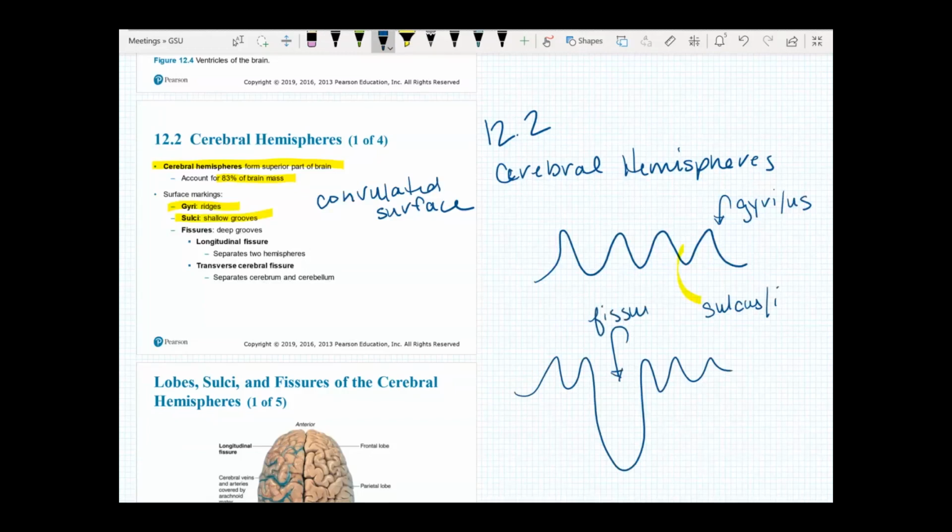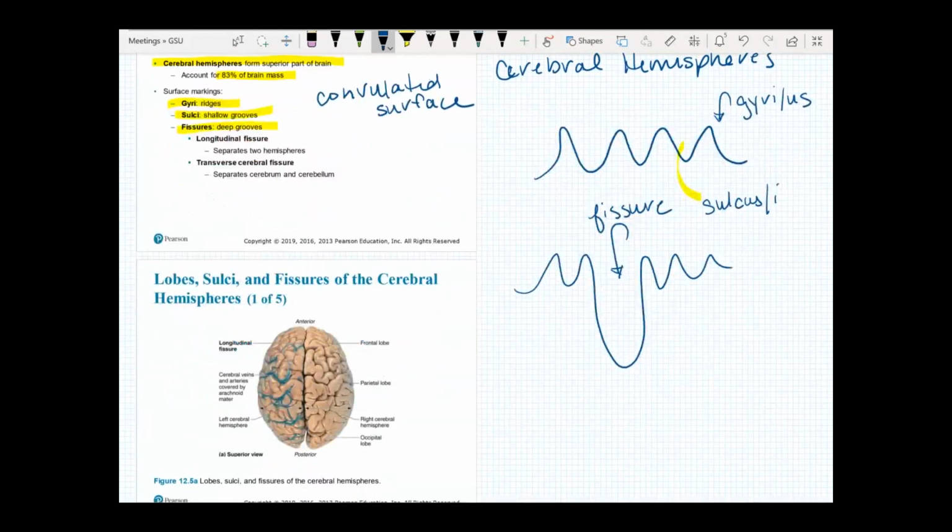There's a couple places on our brain that are called fissures. This fissure could be a longitudinal fissure, which is the one that will go straight down the middle right here. You see how that's a really deep fissure. This would be the longitudinal fissure that goes all the way down the middle of the brain.